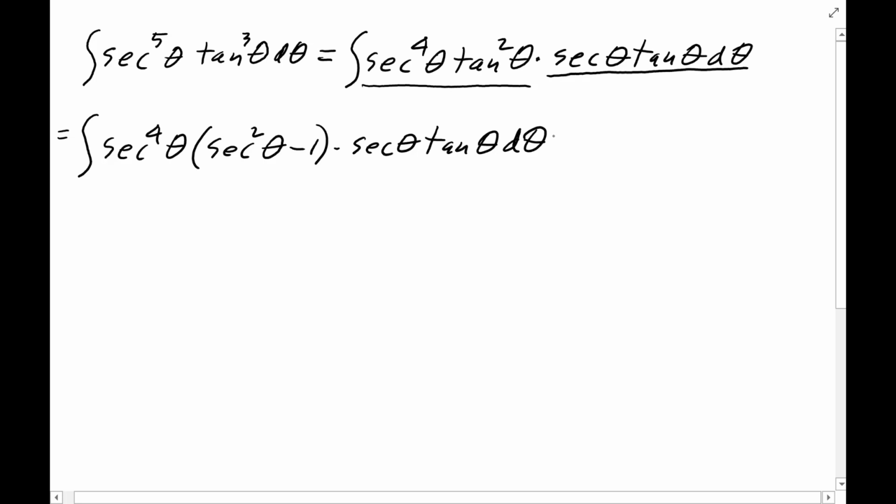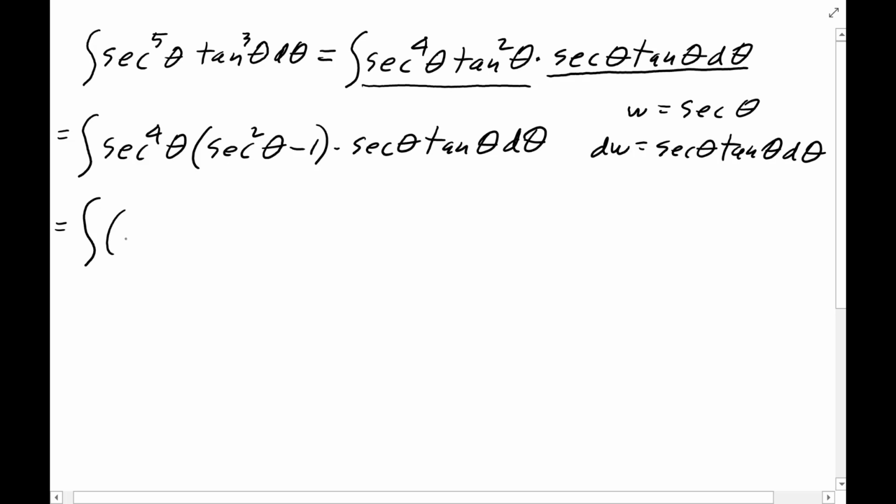Now we're ready for our substitution. w is going to be secant theta, and dw is going to be secant theta times tangent theta d theta. So we make our substitution. This is going to become w to the fourth times w squared minus 1, and all of this is dw.